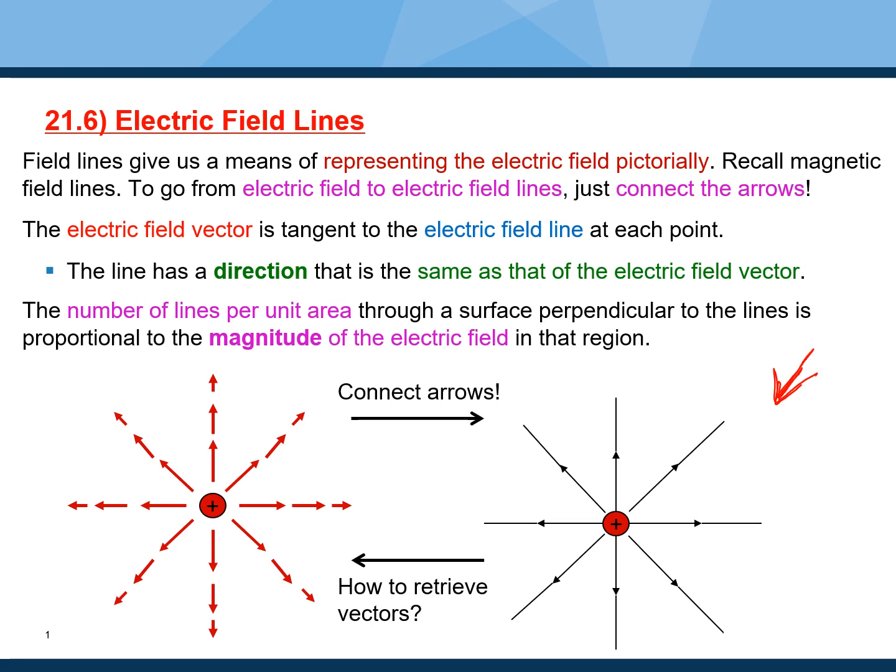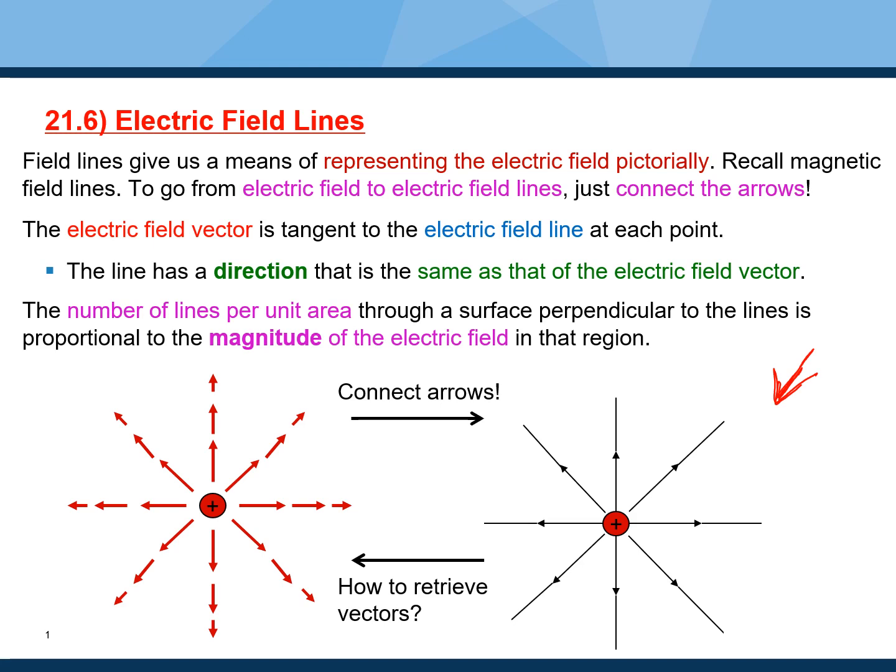So in terms of communicating information, it might be beneficial to use electric field lines. However, realize that we have to have some way of making the journey back if we so wish. We start with the electric field, we obtain electric field lines, but with the information about electric field lines, we have to be able to retrieve the electric field at any given location.